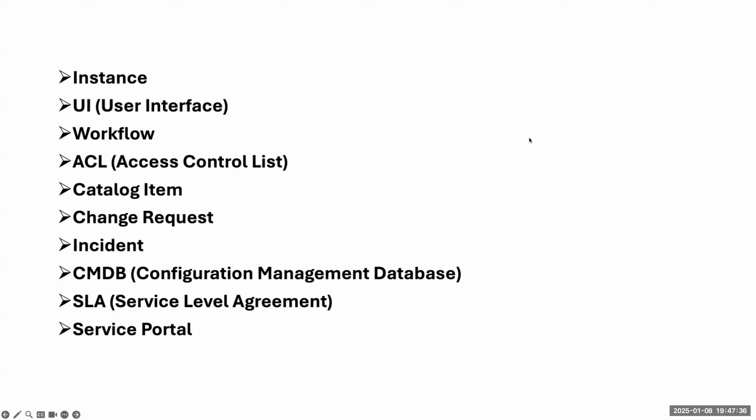Great. Next is UI, user interface. Who can explain that? It is how the user interacts with the machine. In this case, we're interacting with ServiceNow. We log in and we use that interface.